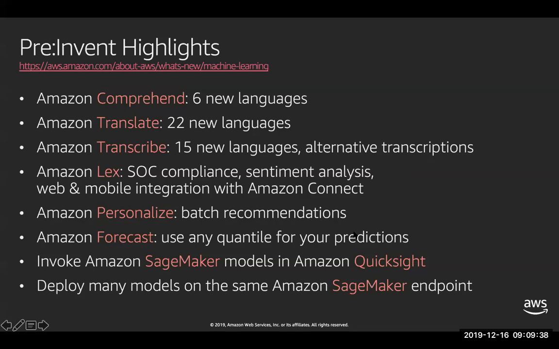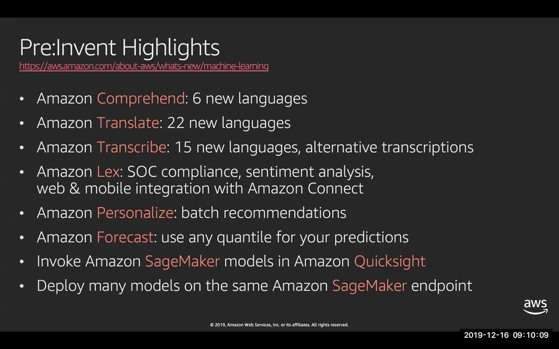Also, there's this service called QuickSight, which is kind of like Tableau. I didn't really know too much about this until the most recent re:Invent. There are ways now you can actually invoke SageMaker models from within QuickSight. So, for example, if you have more BI type use cases, you could do visualizations with QuickSight and at the same time be calling SageMaker models, which is pretty cool.